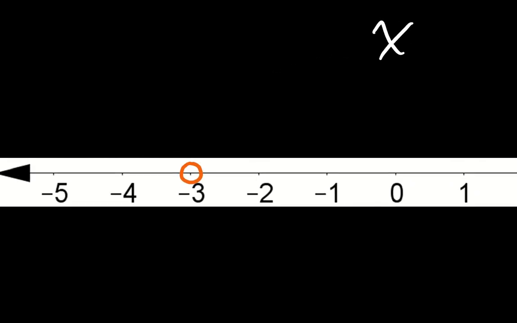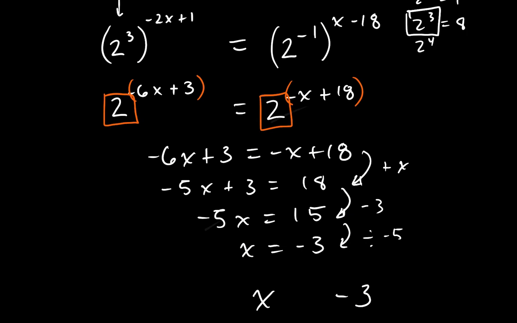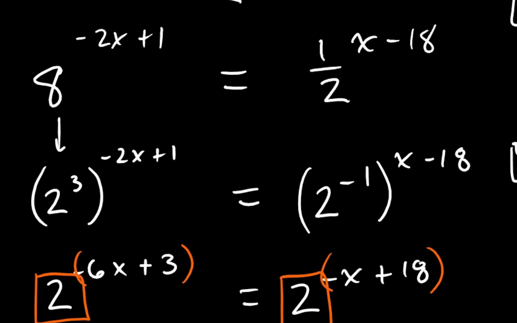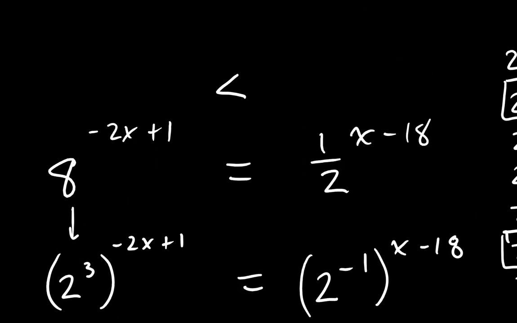Now my question is, do I go above that, or do I go below that? And to answer that question, I've identified the boundary, now I need to test. My favorite test value, if it's available, if 0 is not the boundary, I almost always use 0 to test. We're lucky here, 0 is not the boundary, so we can use 0 as a test value. So let's go back up and look at the original inequality. In the original inequality, this was not equal to, it was strictly less than.